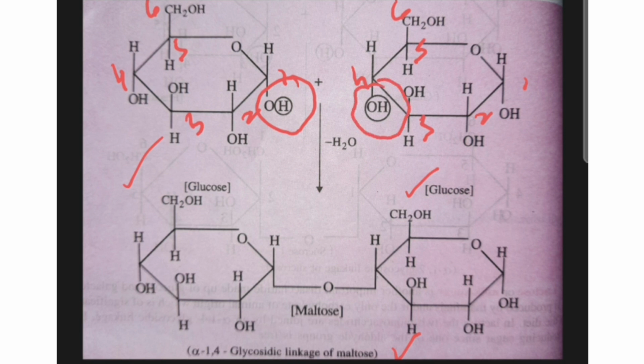So one hydrogen is taken from the left one, that means the first carbon, and the OH is taken from the fourth carbon of the right one, and by the elimination of water, H2O is eliminated, and with this oxygen, the glycosidic linkage has been formed.